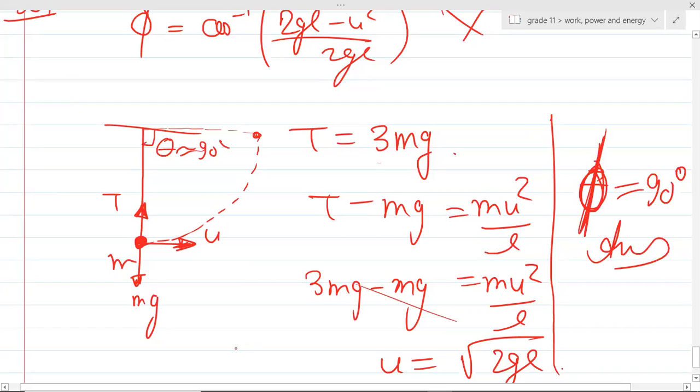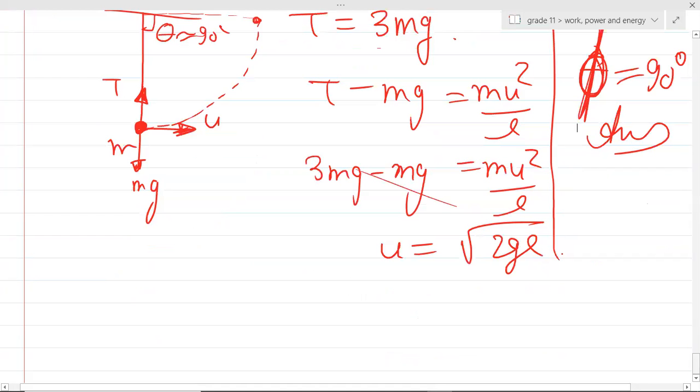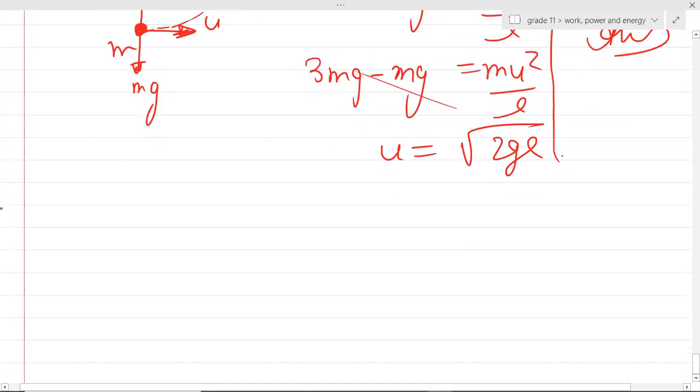One last question for today, and we'll call it a day. Question. There is a semicircular track, and everyone can see the semicircular track, right?